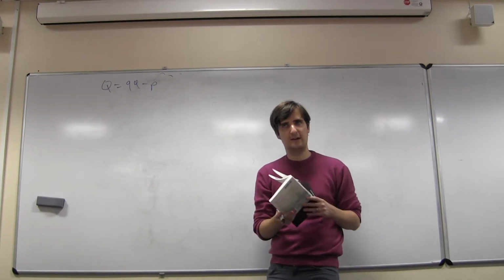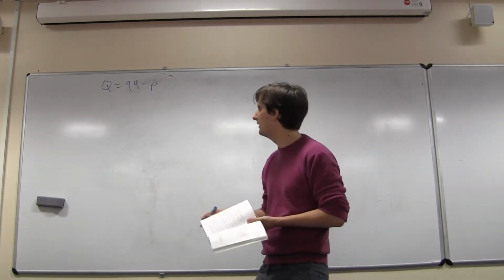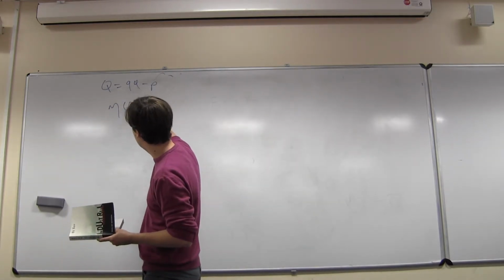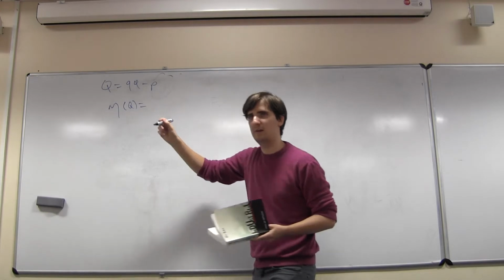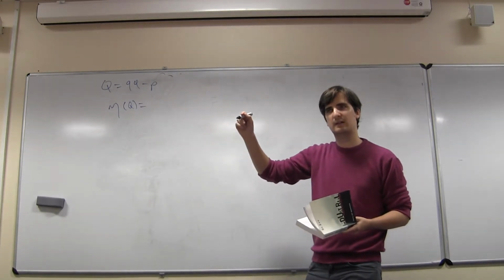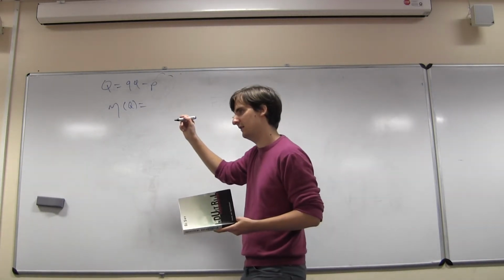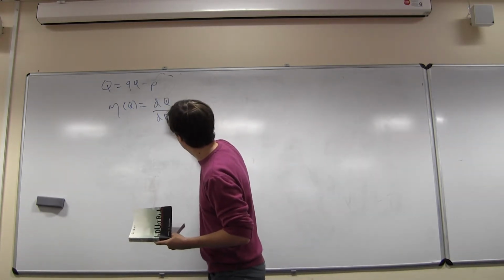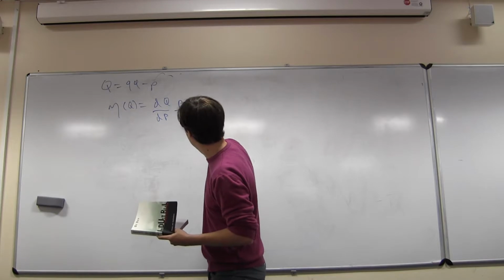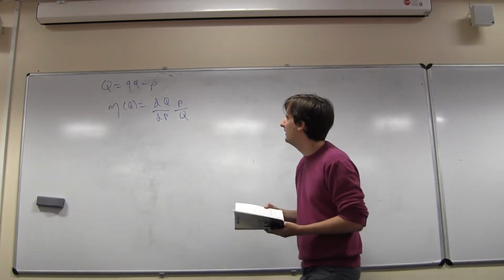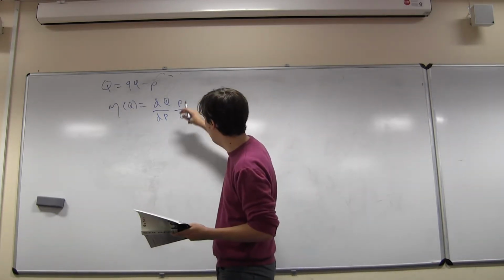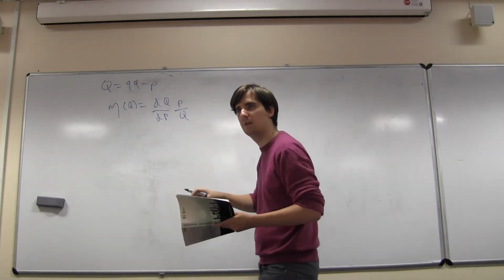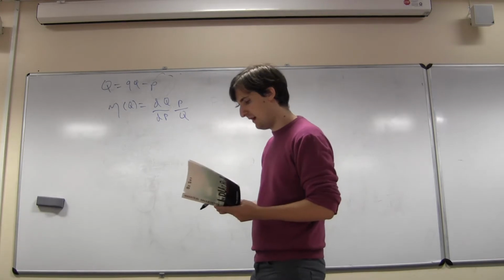So let's just remind ourselves of the definition of an elasticity. So, what's the definition of the elasticity? Anyone remember? dQ/dP times P over Q. Okay. So yeah, it's a percentage change in quantity for a percentage change in price.